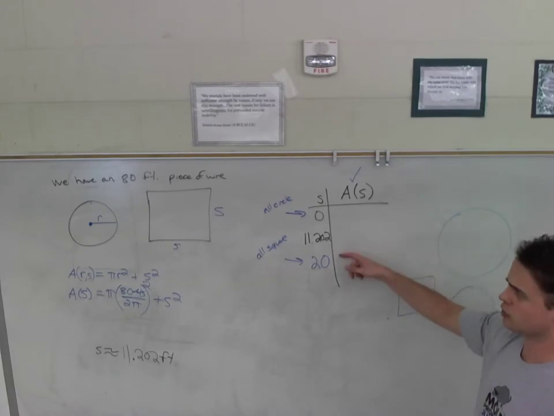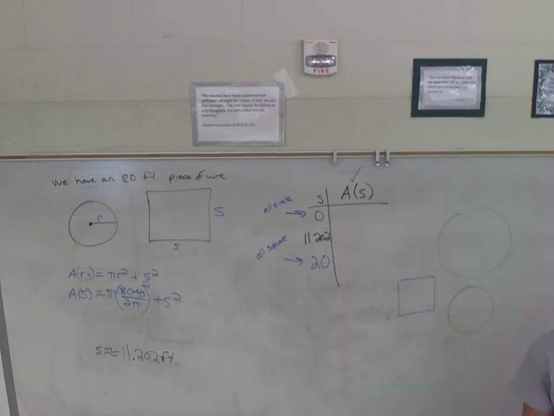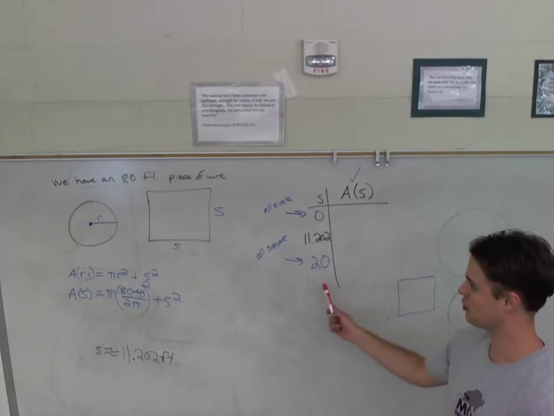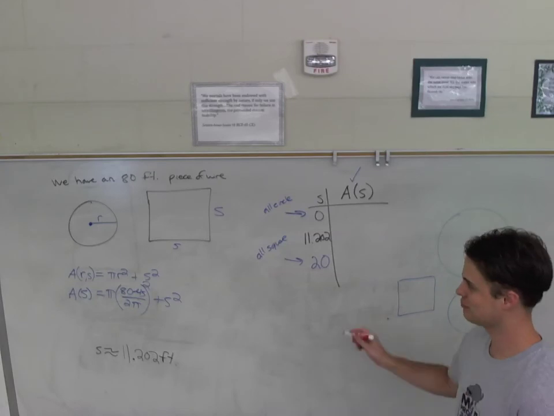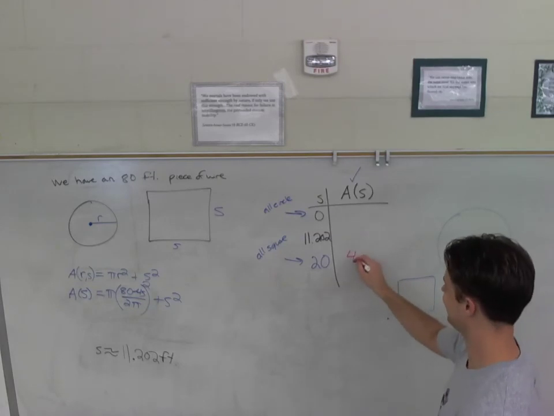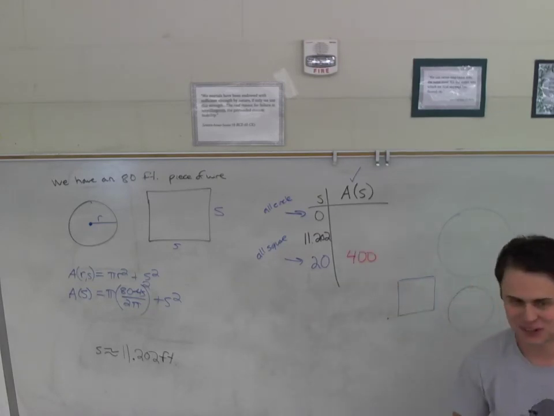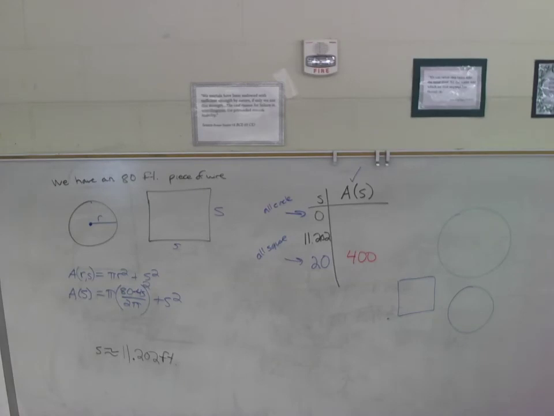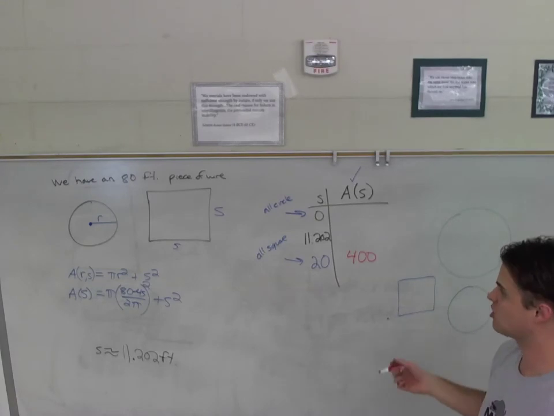Oh, and by the way, there were a lot smarter ways to do those too. And actually plugging in the function right there. If it's all square and that side is 20, then... and if it's all circle, then... I guess maybe not.